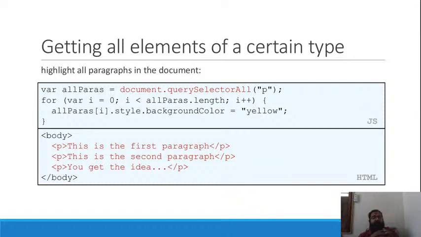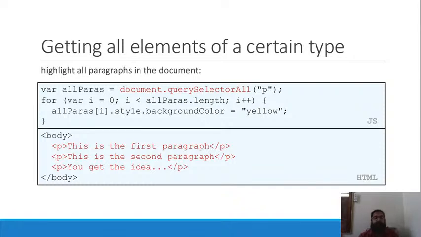Okay, so whatever is the length of allParas, we know that the index starts from 0 just like in C and C++. And for that reason we have var i equal to 0 and i less than allParas.length and then i plus plus, and then you access the objects in the array one by one. So allParas[i].style.backgroundColor is equal to yellow.